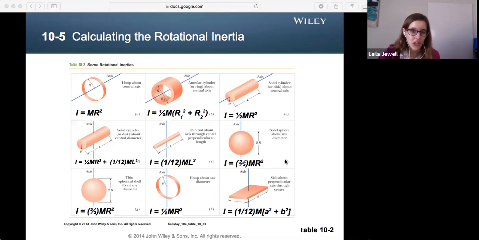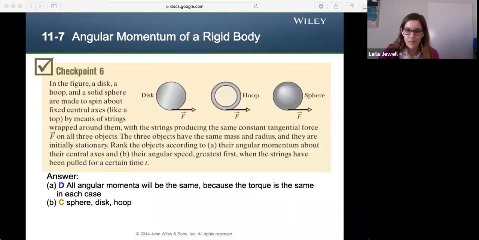So the solid sphere, because it cuts some corners, is able to have a slightly lower rotational inertia. Because it has the lowest rotational inertia of the three, the sphere does have the greatest angular speed. Why? Well, they all have the same angular momentum L, and angular momentum is equal to the rotational inertia I times the angular speed, so if you're able to reduce your rotational inertia, then you will have a larger angular velocity.